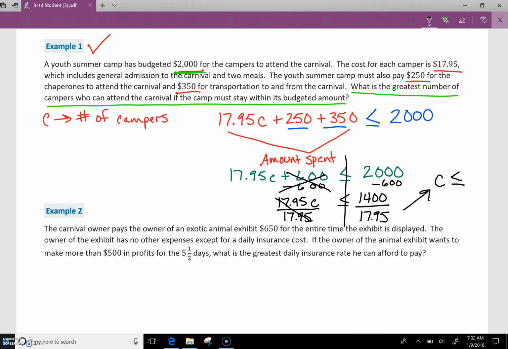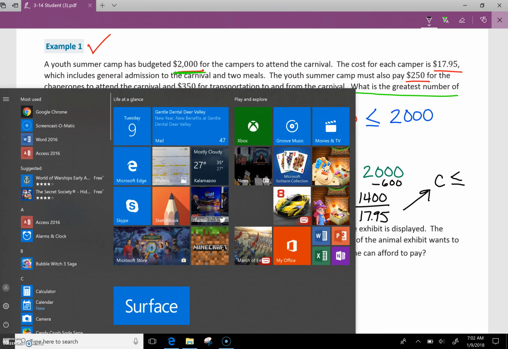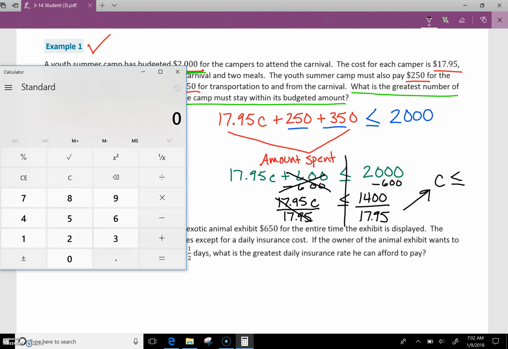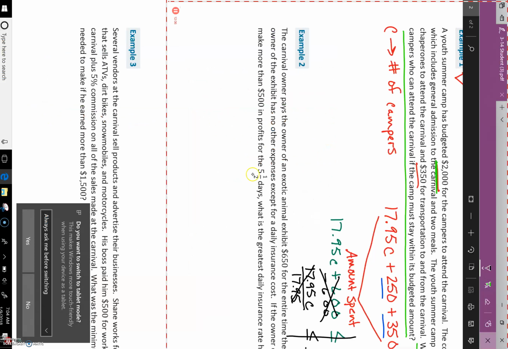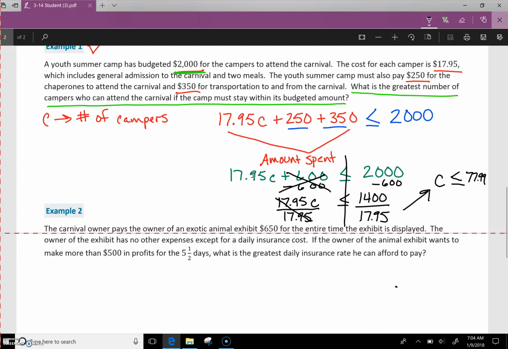I'll see if I can make it work here. 1,400 divided by 17.95. We're going to get this mess of a decimal. We're talking about money, so you can go ahead and round it off after the hundredths place. So it's going to come out to 77.99.